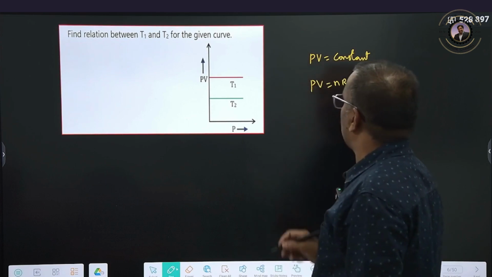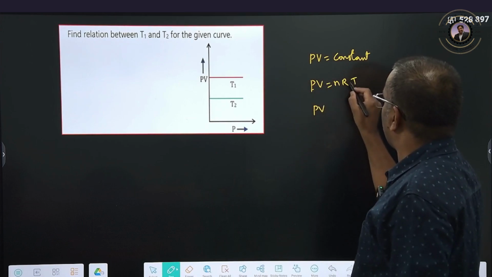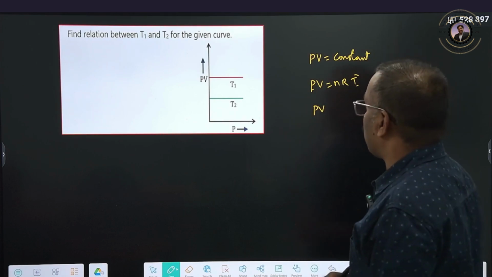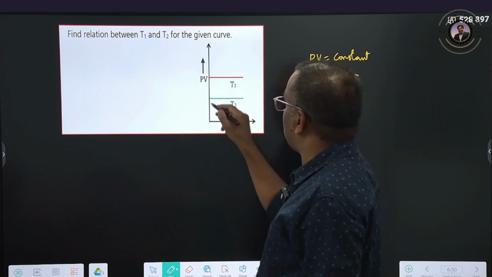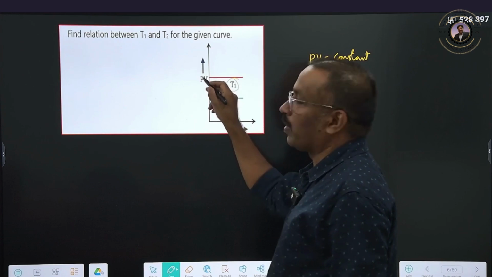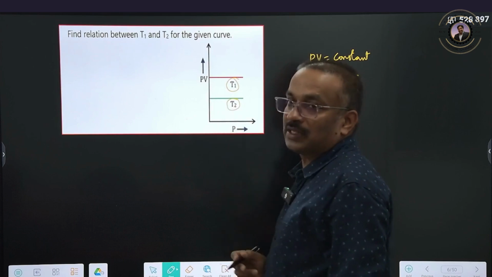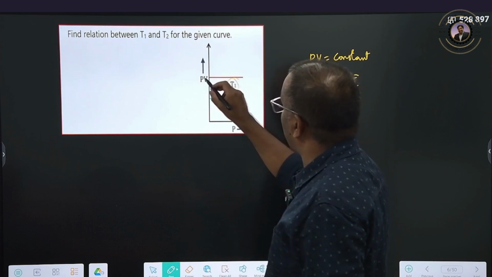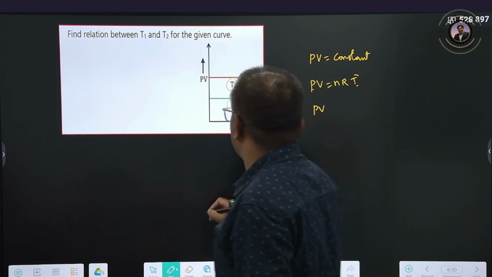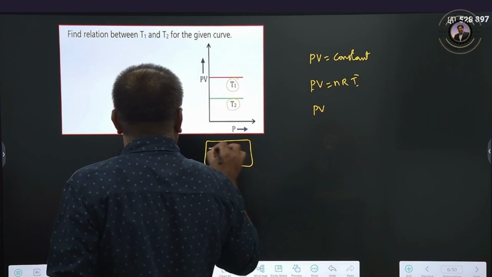So as temperature is larger, the PV value also increases. When T1 temperature is more, the PV value is larger. When temperature T2 is there, the PV value is lesser. So PV is more at T1 temperature, therefore directly proportional to T. Here you can write T1 should be greater than T2. This should be your answer.